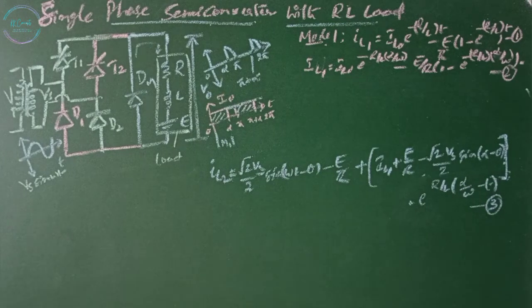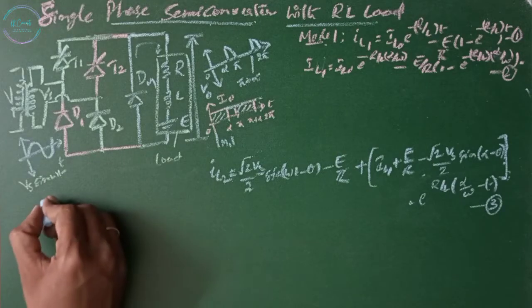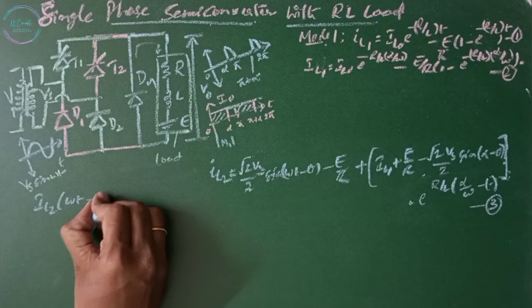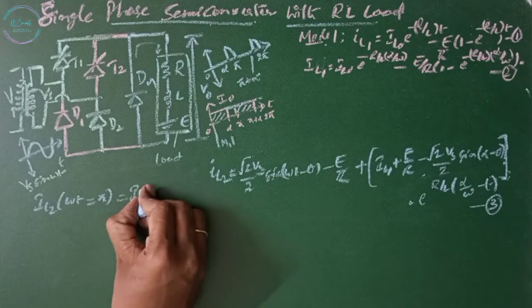At the end of mode 2, the steady state condition is IL2 at omega t equals pi equals IL0.